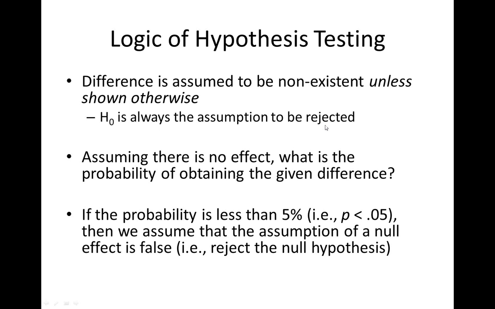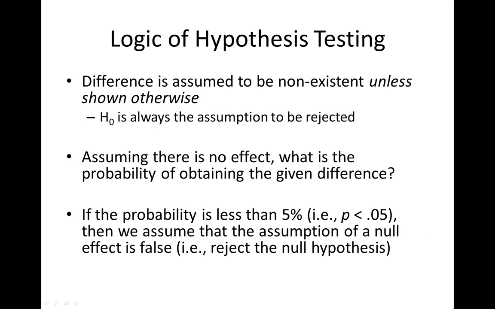So you start out with this assumption that there's no effect, and then you try to show that that can't really be the case. So if the probability of obtaining your effect, if there is no effect, is really small, then we have to conclude that, well, guess what? There probably really is an effect. And this 5% criterion is just something that everybody agrees upon. So that's what we use.